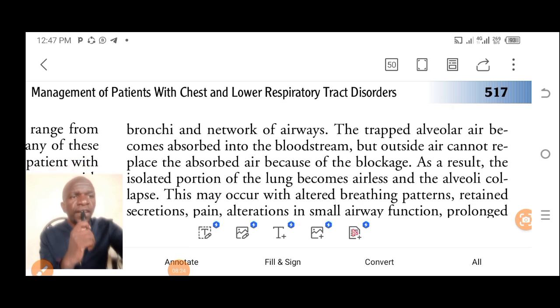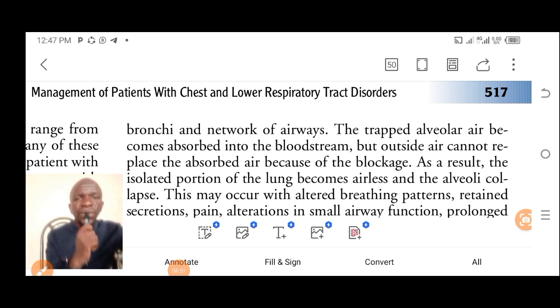The trapped alveolar air becomes absorbed into the bloodstream, but outside air cannot replace the absorbed air because of the blockage. The air trapped in the alveoli is simply absorbed into the bloodstream, but the outside air cannot enter, because there is already a blockage.